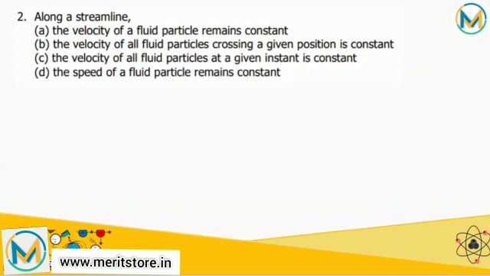So we can say that along a streamline, the velocity of every fluid particle while crossing a given position is the same. So the correct answer for this question is option B, that the velocity of all the fluid particles crossing a given position is constant.